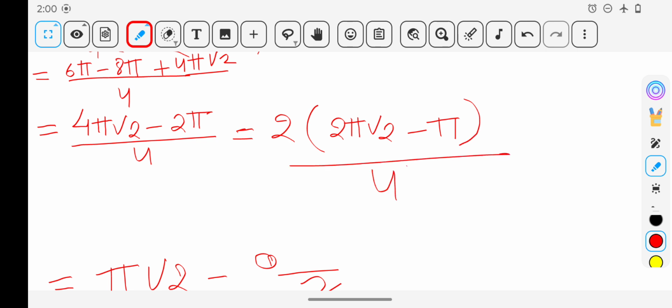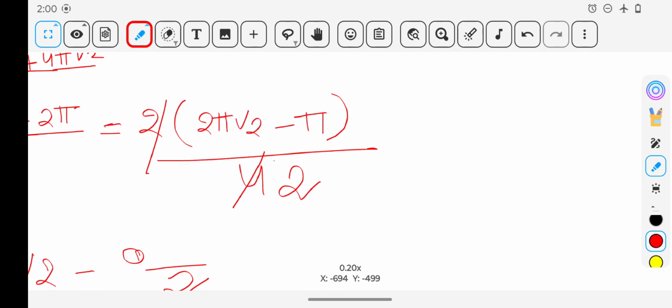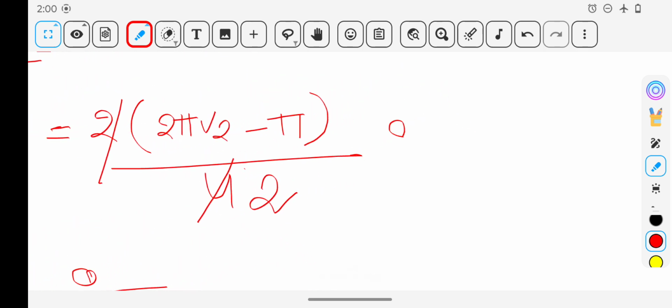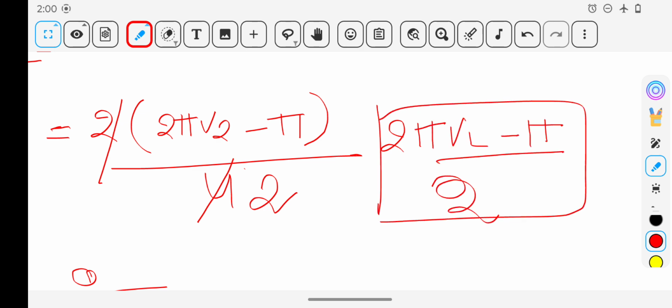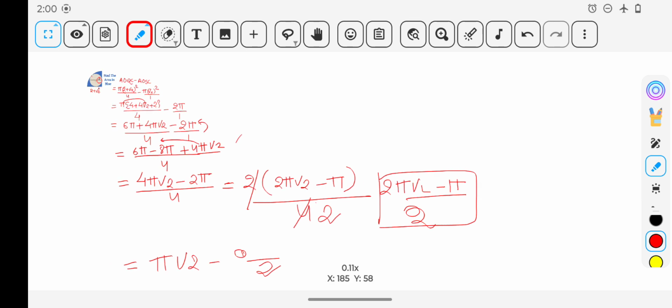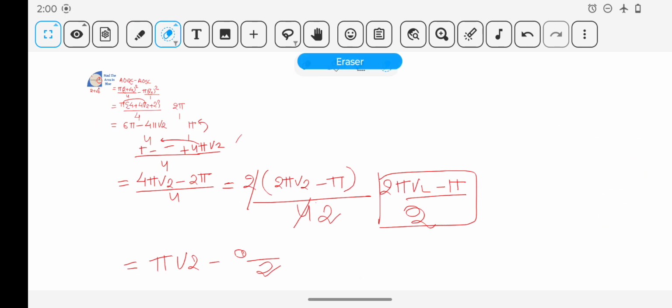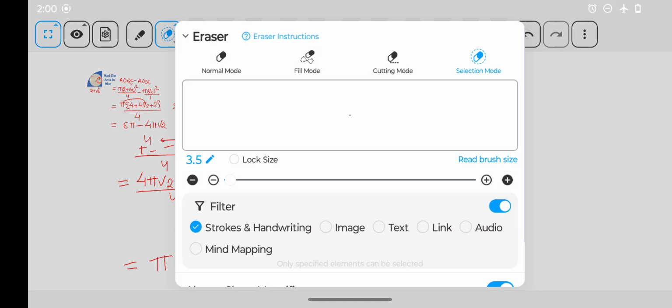So 2 and 4 cancel out, 2 remains. So the final answer will be 2 pi root 2 minus pi, divided by 2. You can use a calculator to find the exact value.